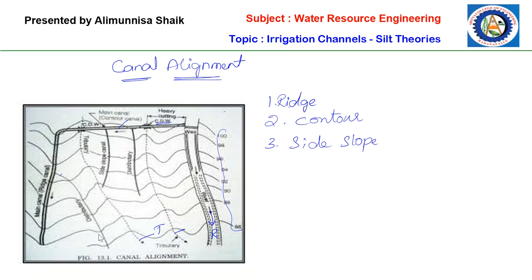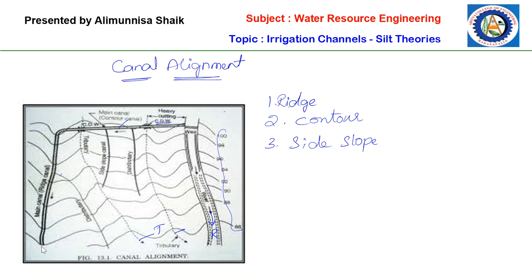This is how we are going to set a canal, and its alignment. Alignment is nothing but how we are going to plan it, and how water supply is going to start from a river. We supply water from this main canal, and we will have some minor distributaries, major distributaries, and some branch canals connected to this main canal.